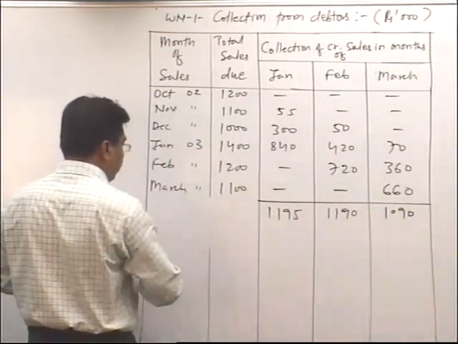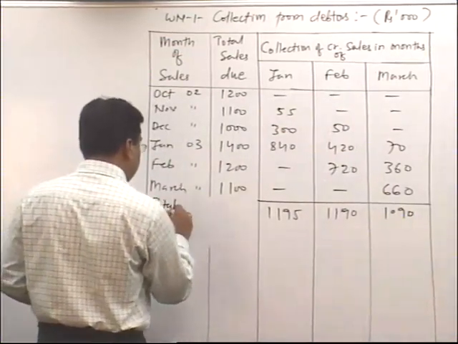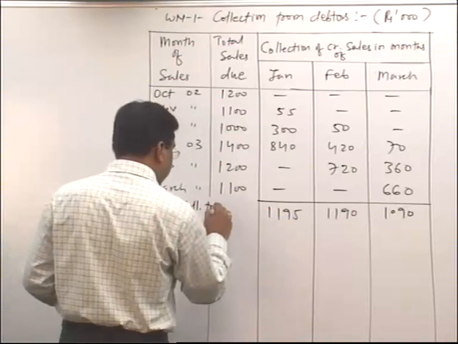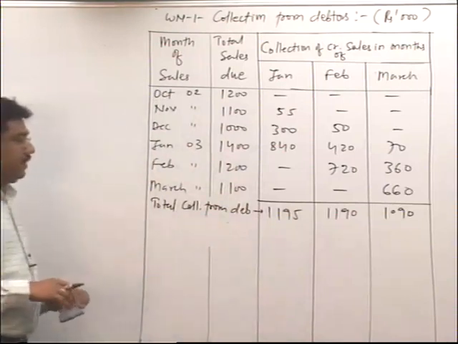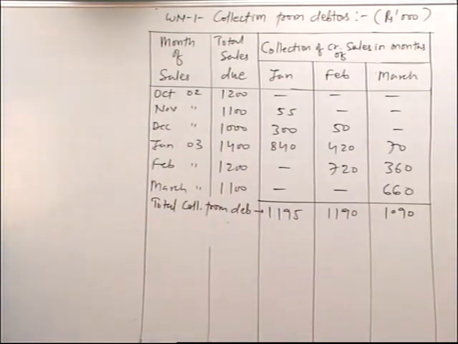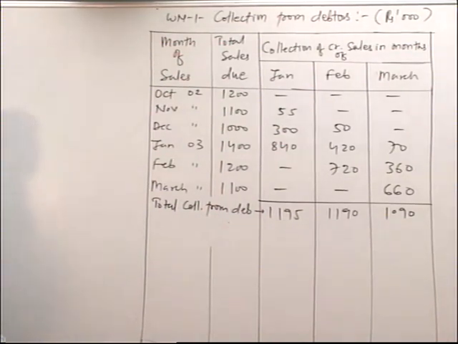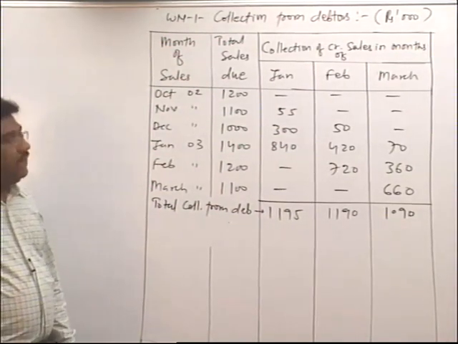This is the total collection from debtors month-wise: 1195, 1190 and 1090. By this we finish working note 1, that is collection from debtors.